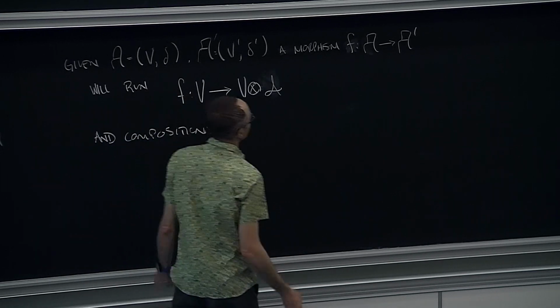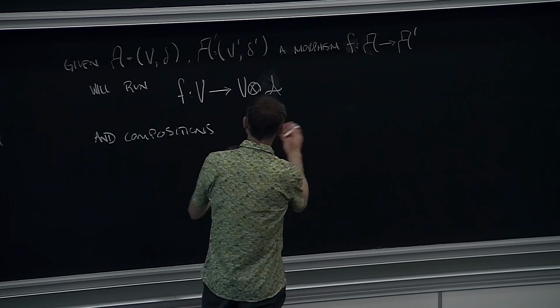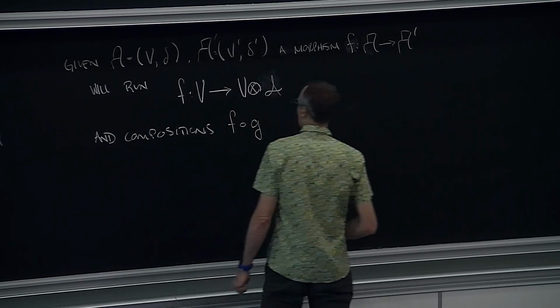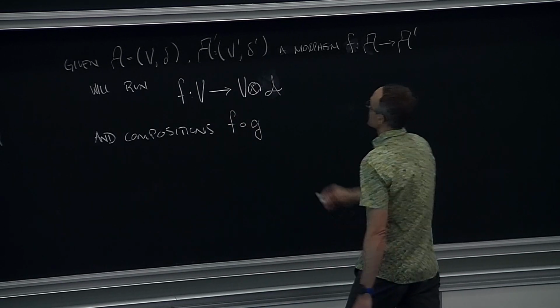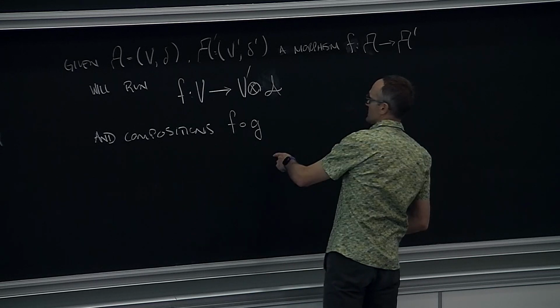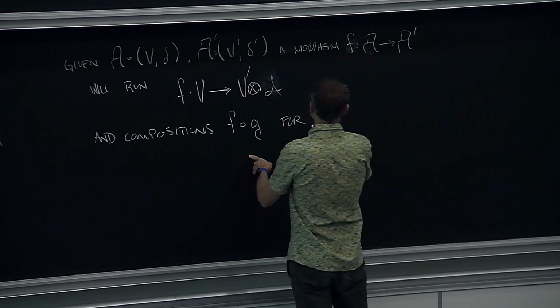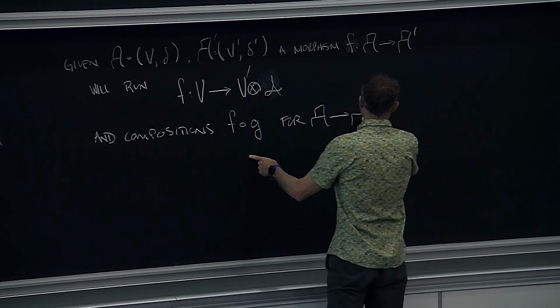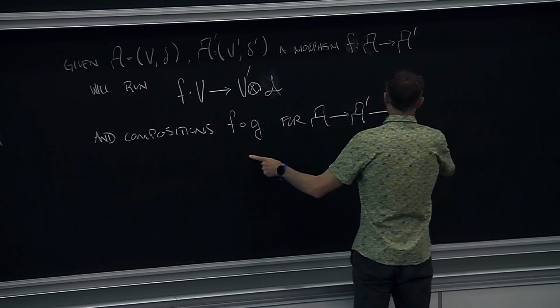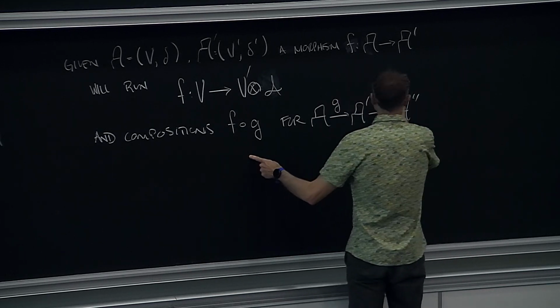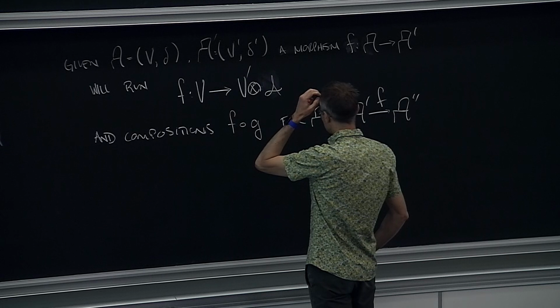So this is really the reason people don't like them, is that these extra funny things happen. Yes, thanks, the prime here. And so then compositions, so for A to A prime to A double prime, this will be G and this will be F. Well, those are also going to look funny, right?